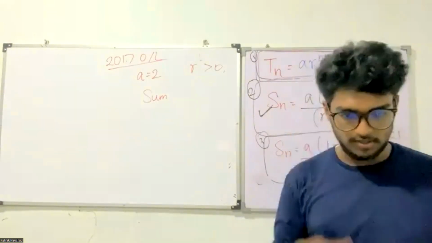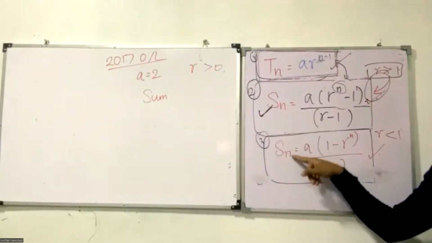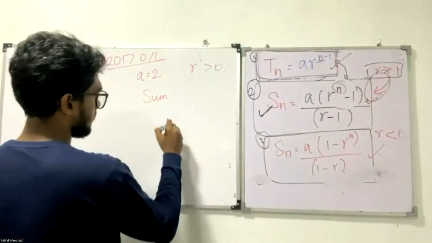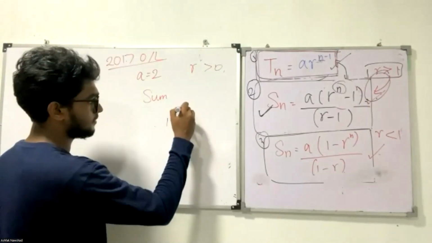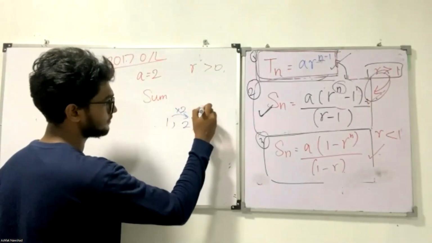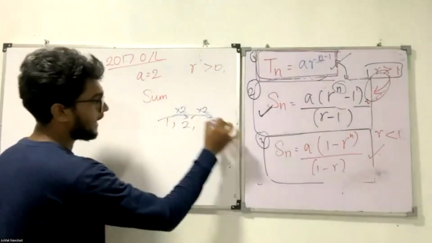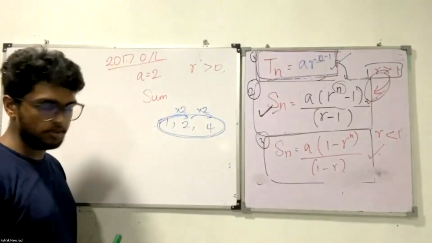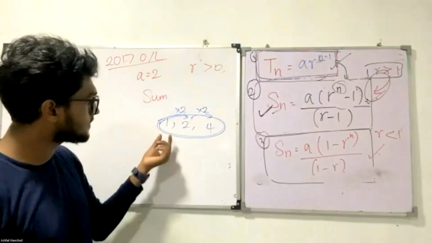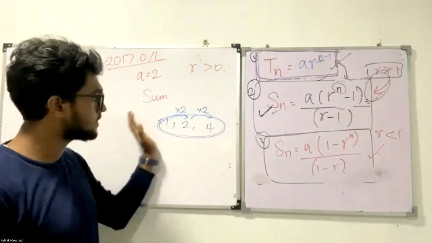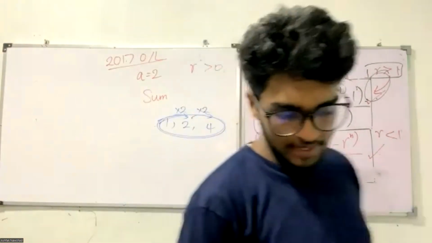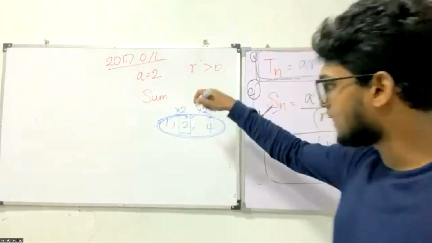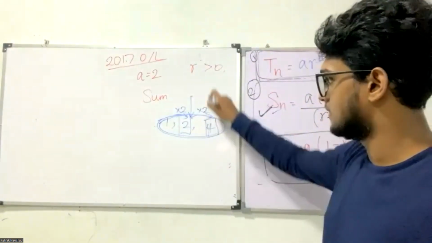Make a note, this is important. The formulas we have are used only for the sum of the first few terms. Like, for example, I take a geometric progression. We can use these formulas to find the sums of the first 3 terms or the first 2 terms. But now they are saying something about the sum of the second term and the third term specifically.